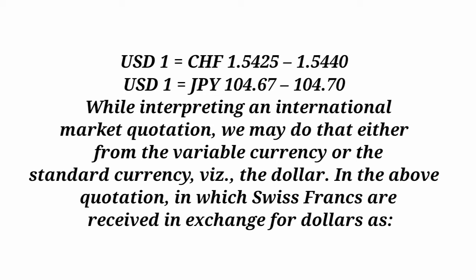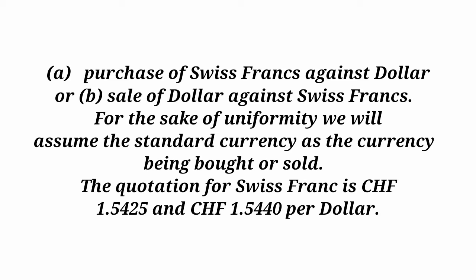While interpreting an international market quotation, we may do that either from the variable currency or the standard currency, viz. the dollar. In the above quotation, in which Swiss francs are received in exchange for a dollar, as A, forecasting of Swiss franc against dollar, or B.